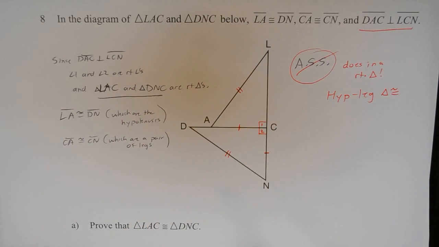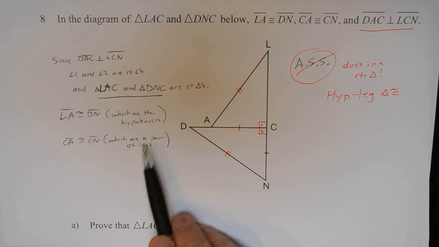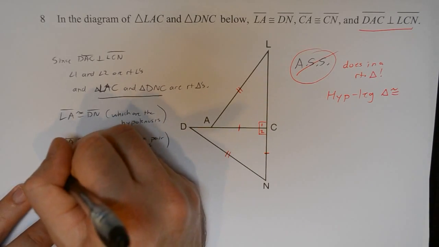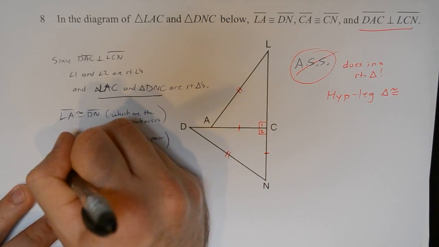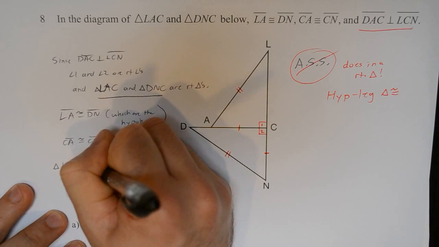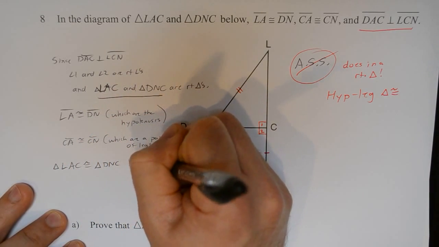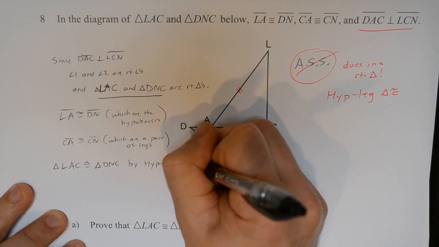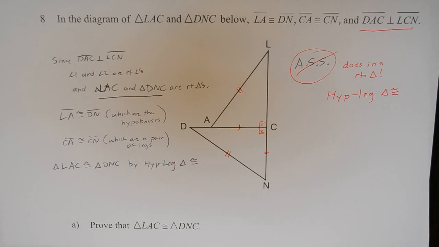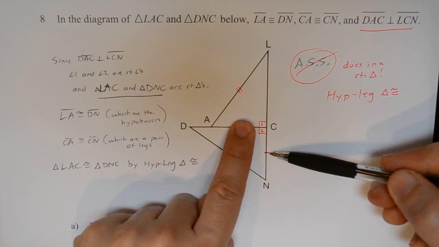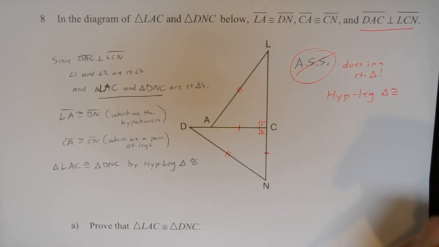Right? So here I've got my hypotenuse, I've got my leg in a pair of right triangles. Great. That means that triangle LAC is congruent to triangle DNC by hypotenuse leg triangle congruence. Same hypotenuses, same legs, in a pair of right triangles, that's congruent triangles.